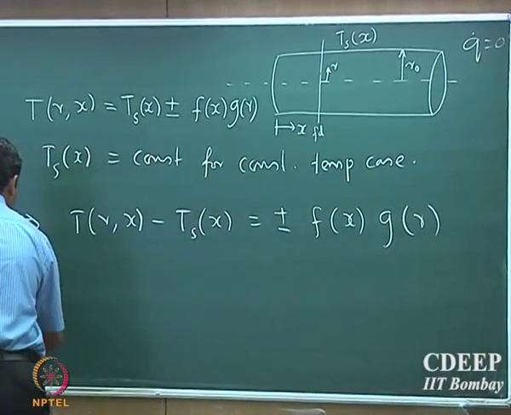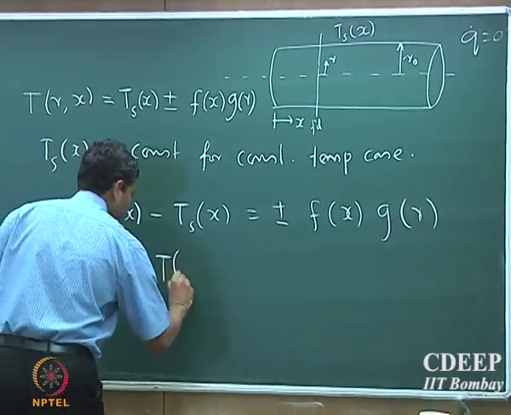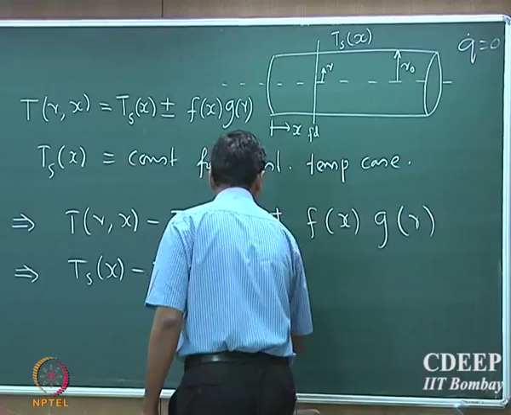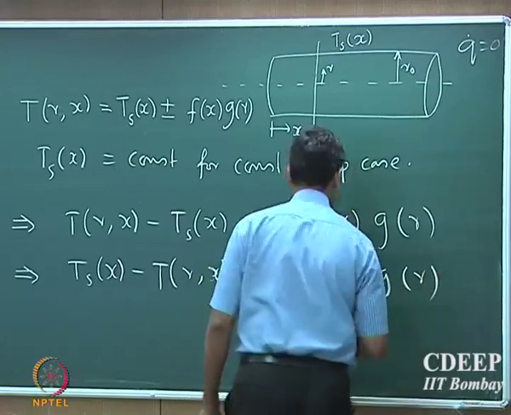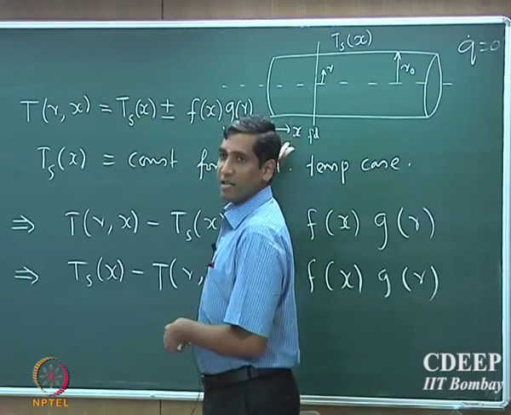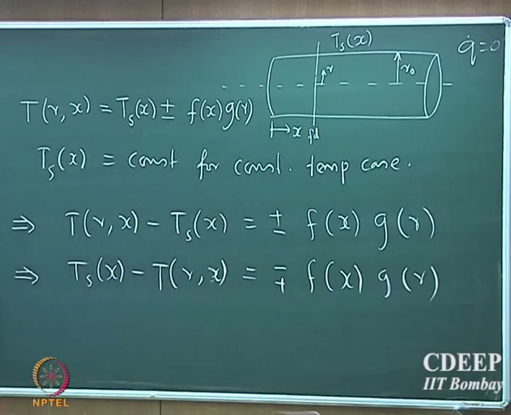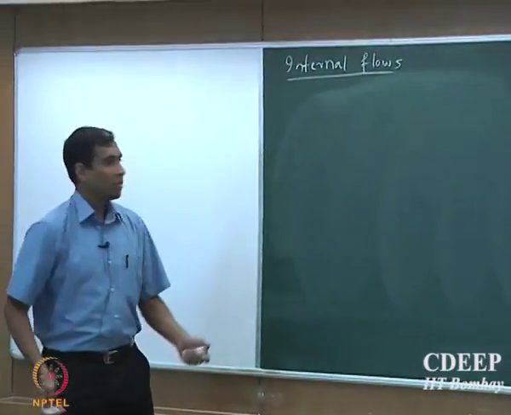So now I just want to rewrite it as Ts minus T equal to minus plus f of x into g of r. Okay. So all I have done is I have taken T on the other side and the function on the left hand side. So once I do this, I can introduce the averaging property here.